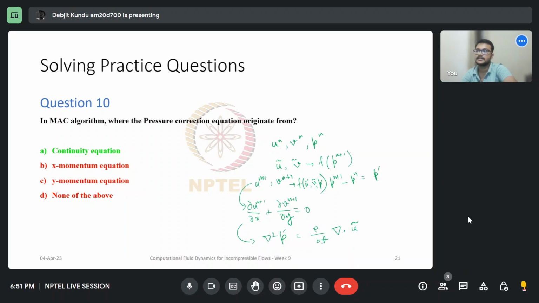And the thing is, at convergence, this del of u tilde should approach 0, as u tilde should satisfy the continuity equation.